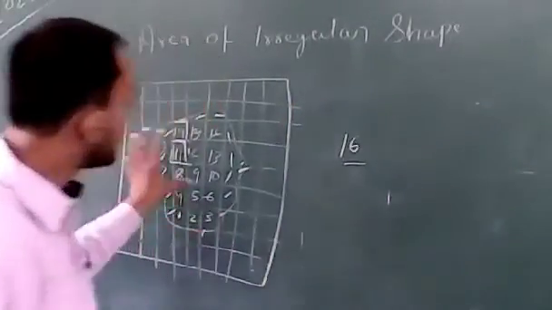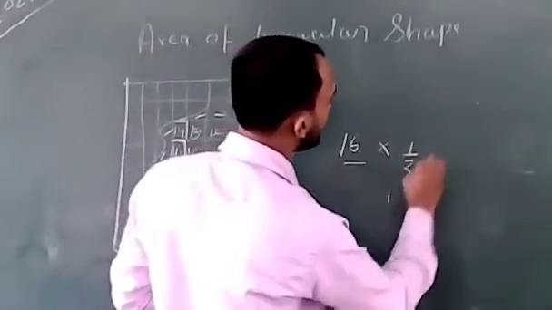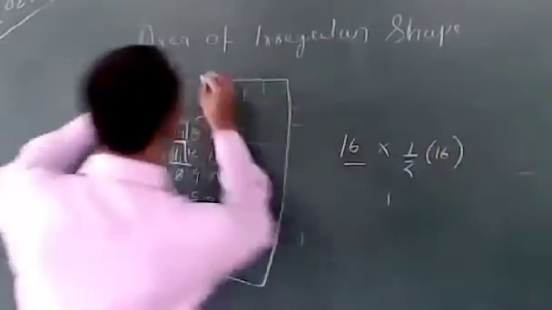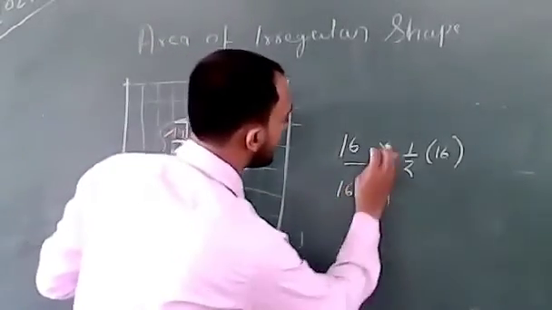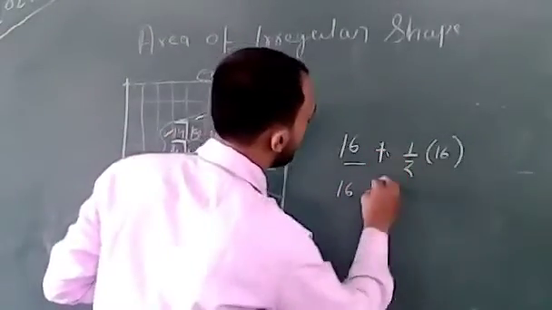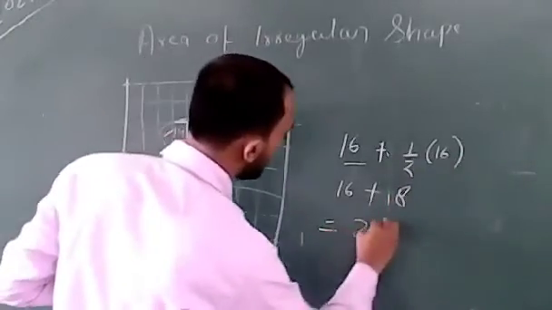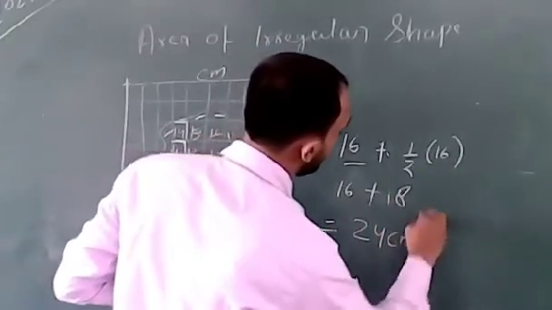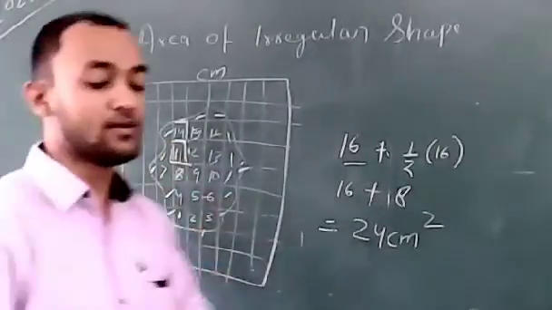For partially covered squares, we will take half, means 1 by 2 into 16, and this is centimeter graph paper. So 16 plus half of 16, which is 8. 16 plus 8 is 24 centimeter square. So the area of this leaf will be 24 centimeter square.